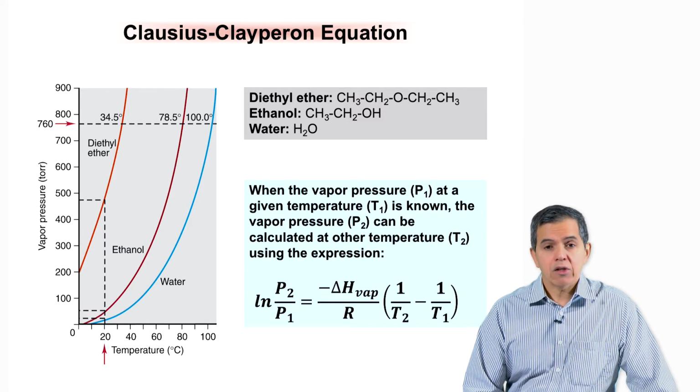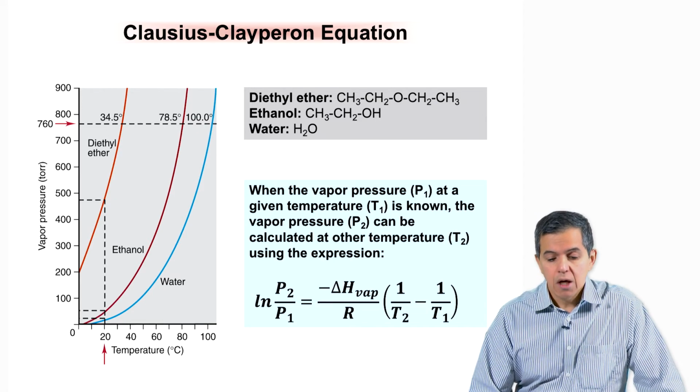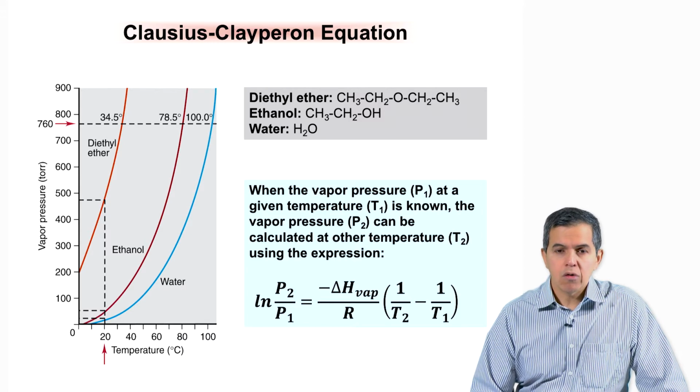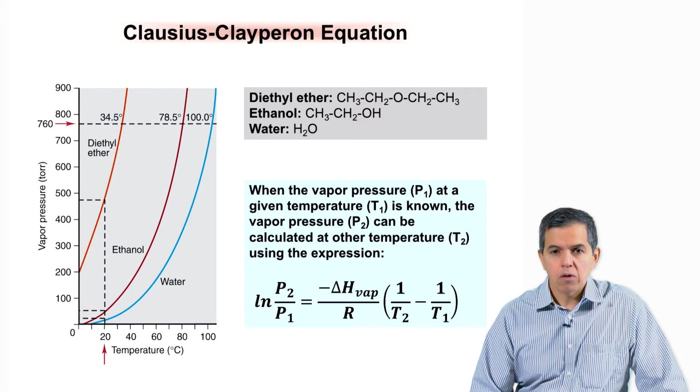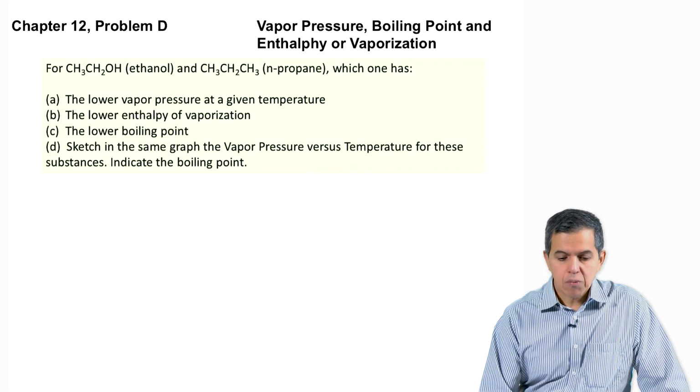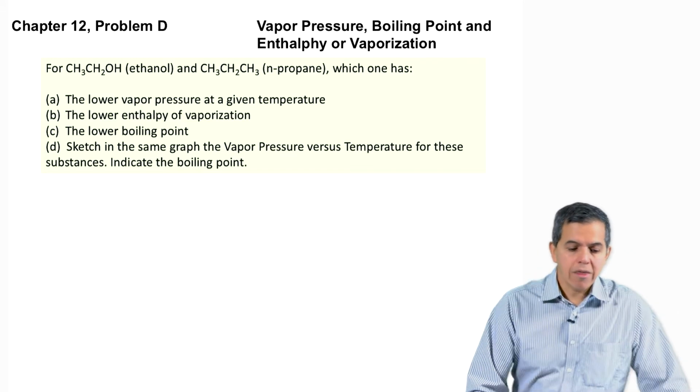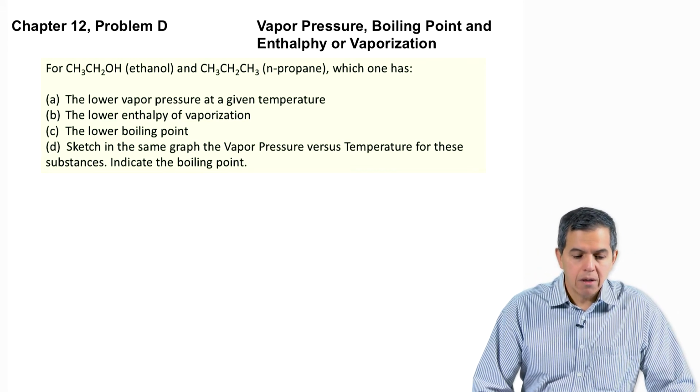So now that we have looked at these relationships, we have a problem that I encourage you to solve first on your own, and then you may want to compare your solution with my solution. The problem reads as follows. We have two substances, ethanol and N-propane.